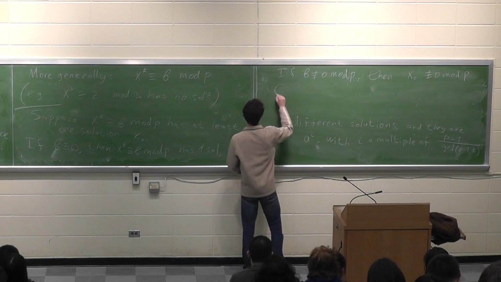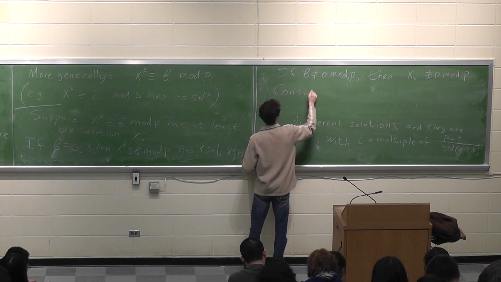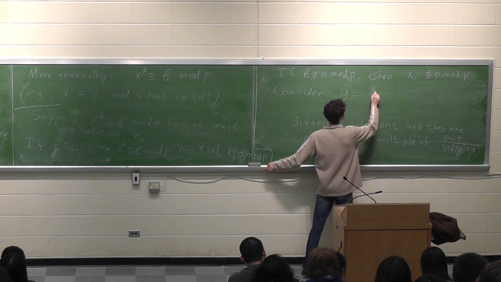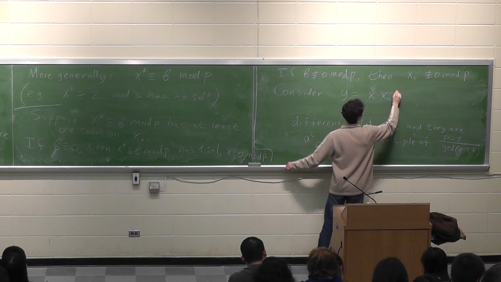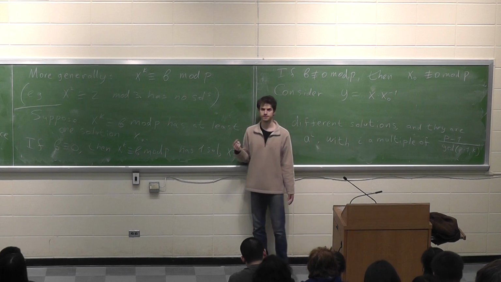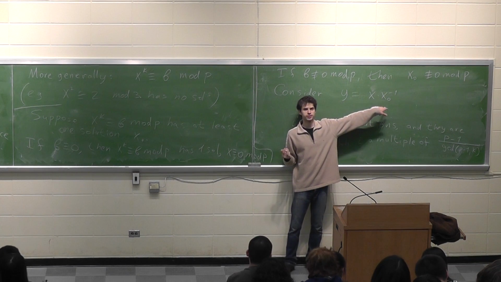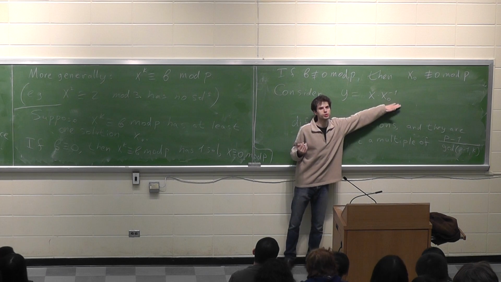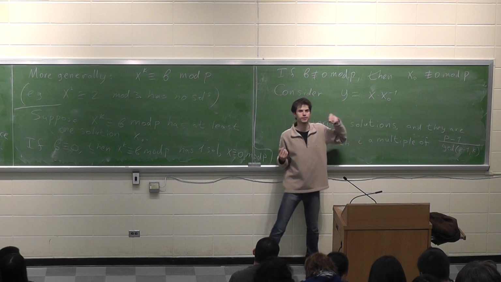So consider y, which is x times the inverse of x naught. So let me divide a solution of my equation by some particular chosen solution, x naught.